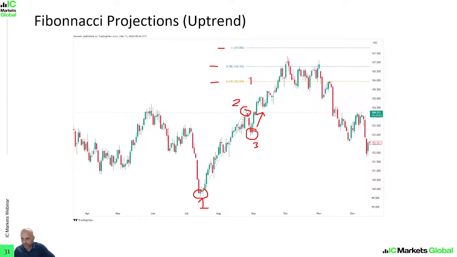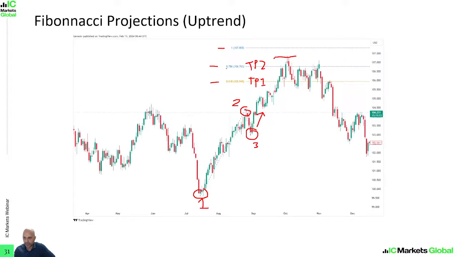We can identify the first take profit zone at TP1, price clearly breaking through this, and then take profit zone 2 at 78.6%. But in this scenario we can see that price does not reach the 100% projection. Price actually stalls around 107.40 and then proceeds to drop lower here.